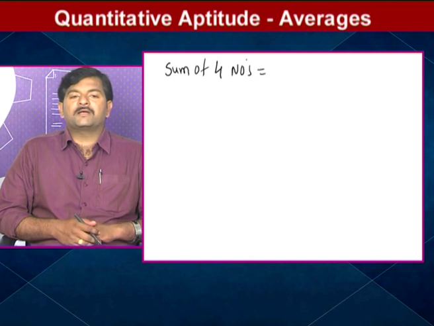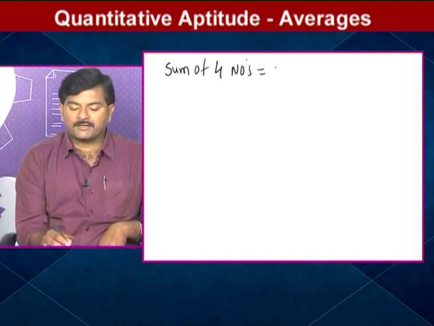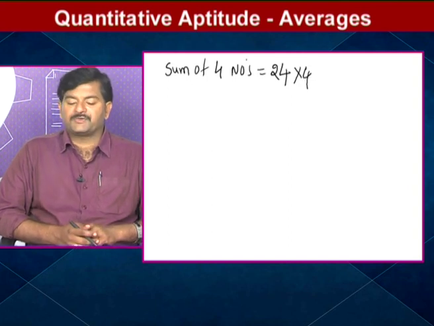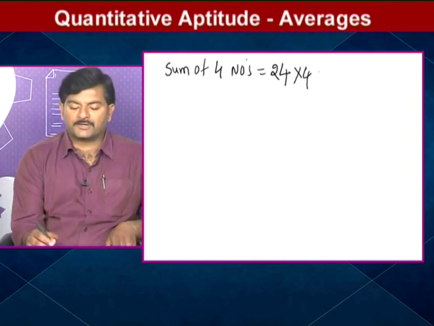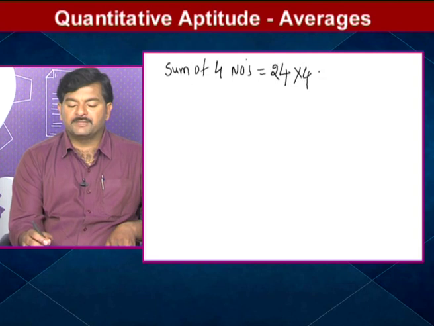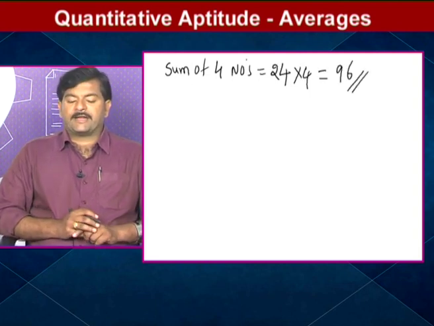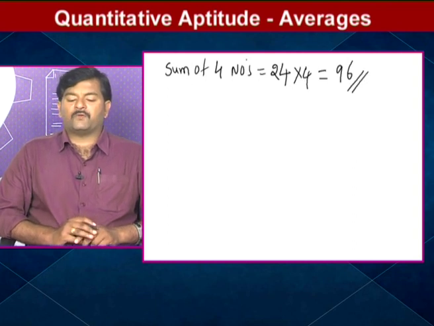The sum formula is average into number of observations. The average is given as 24. Total how many numbers are there? 4. So 24 4s, how much are you getting? Obviously the answer is 96. 96 is the sum of all 4 numbers.